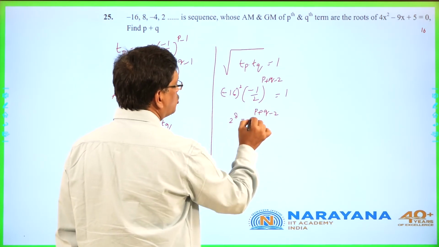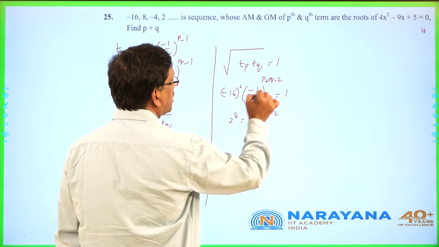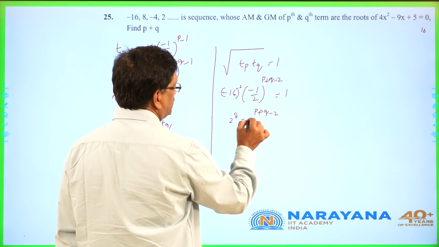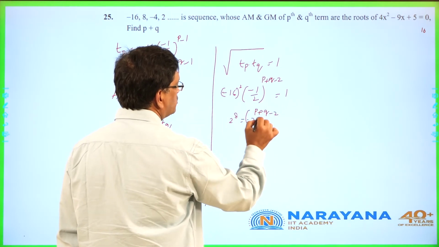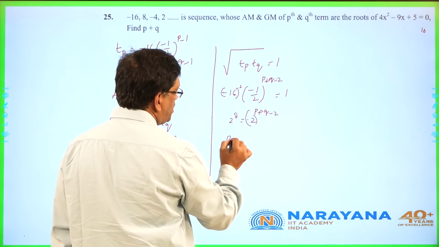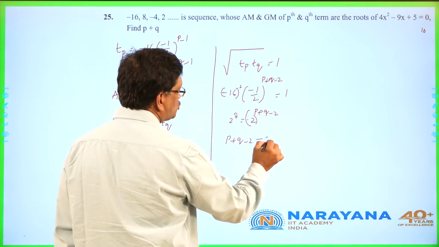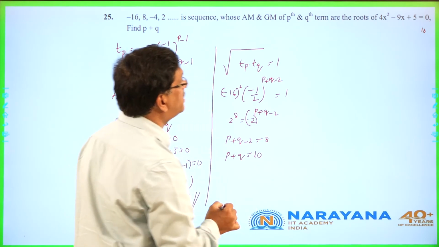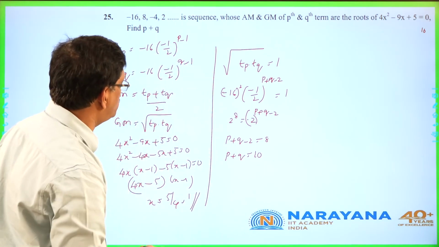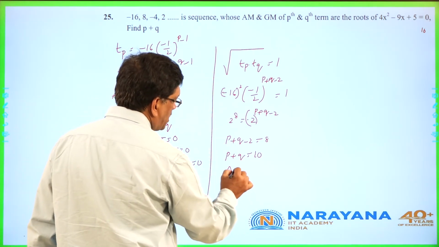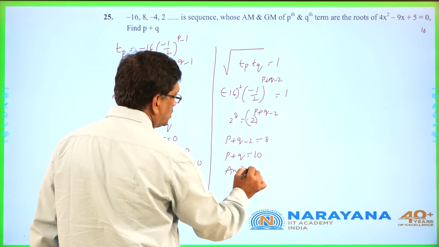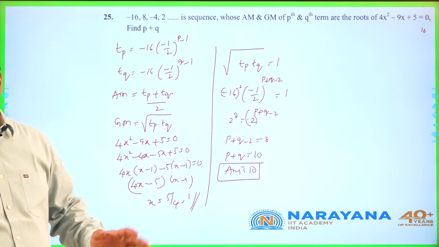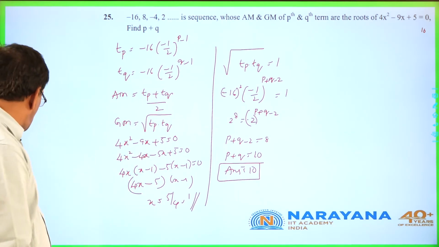If these two are to be equal, minus, this being considered as even, I am removing this one. Okay, P plus Q minus 2 must be 8, P plus Q must be 10. What he is asking? He is asking P plus Q value, that is 10. Okay. So AM, GM you write down and substitute that value.